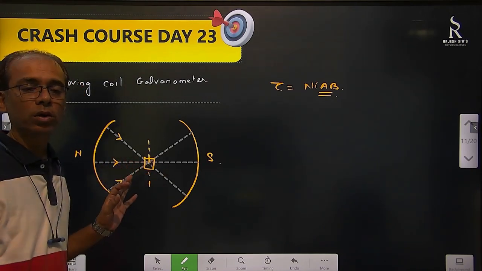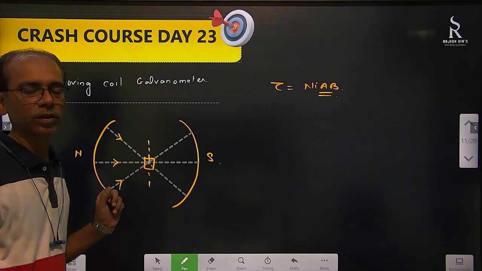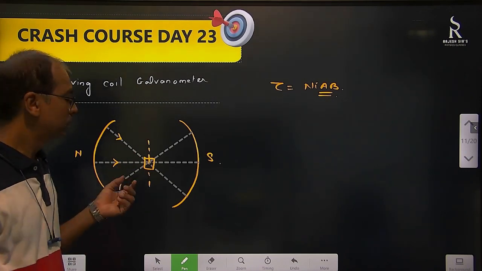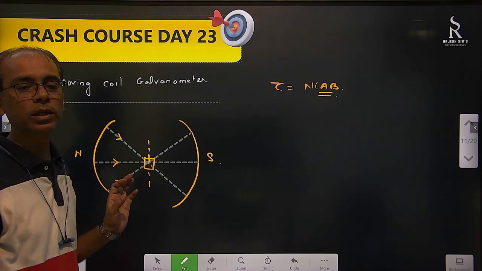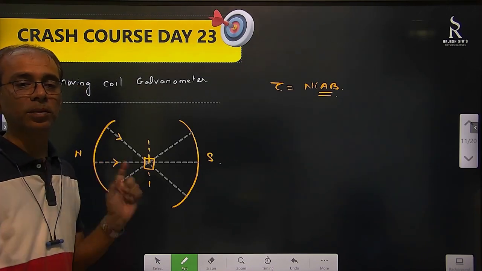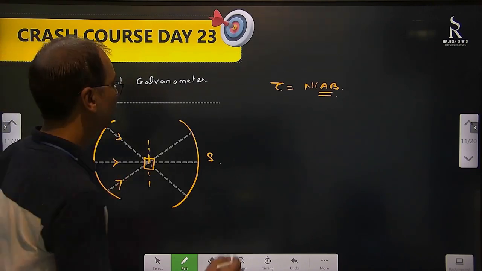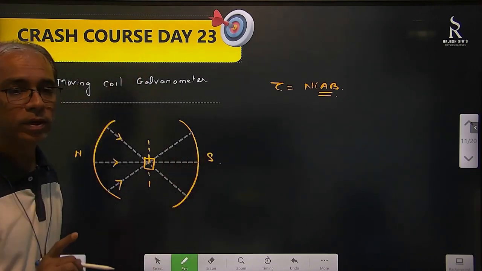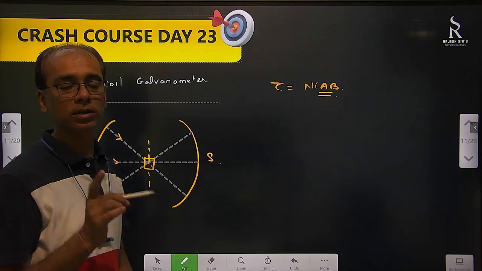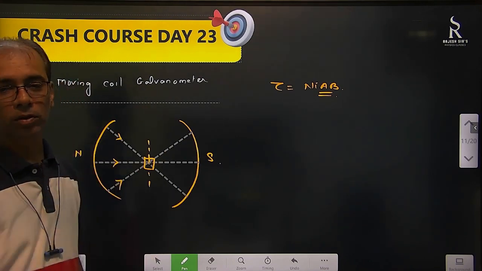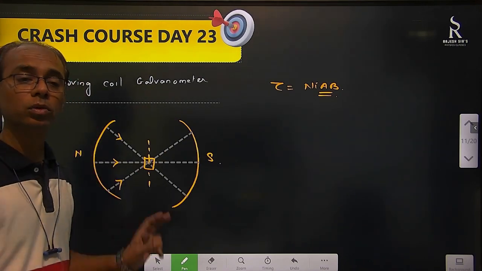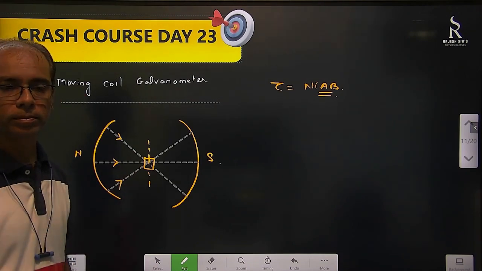Now when this coil rotates because of the torque, in whichever orientation it is, remember its magnetic moment is always perpendicular to the magnetic field. Why are we keeping a radial magnetic field here? So that its magnetic moment is always perpendicular to the magnetic field, and the torque is always maximum.